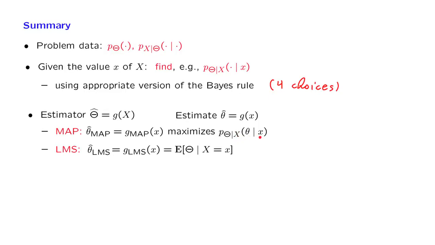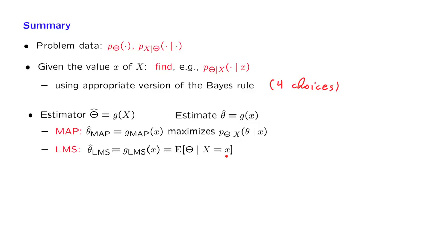And similarly, in the continuous case, it finds a value of theta at which the conditional PDF of theta would be largest. Another estimator is the one that we call the LMS, or least mean squares, estimator, which calculates the conditional expectation of the unknown parameter given the observations that we have obtained.